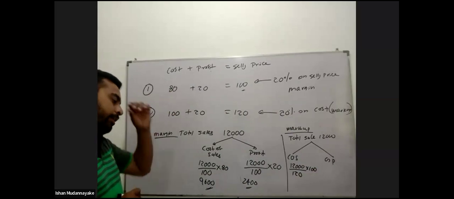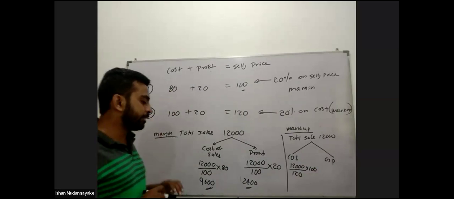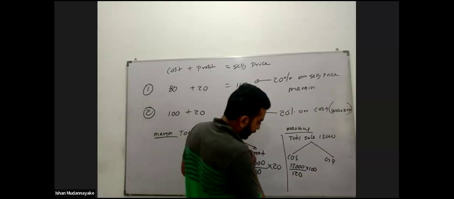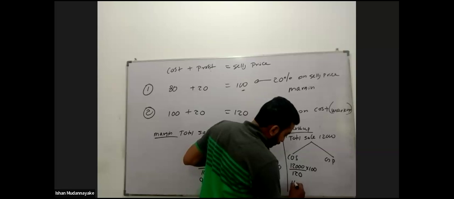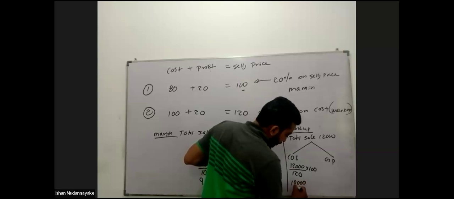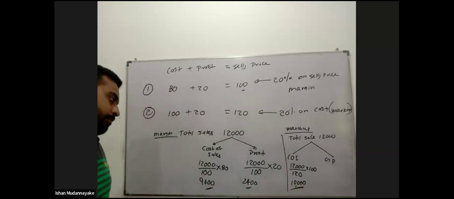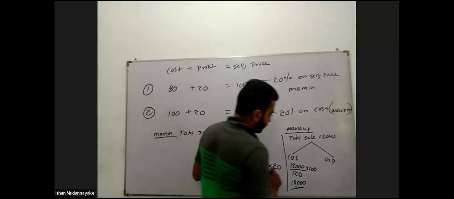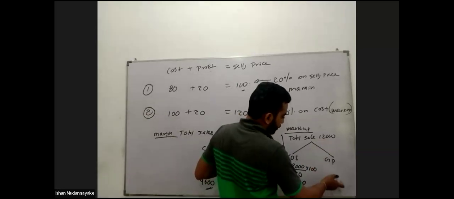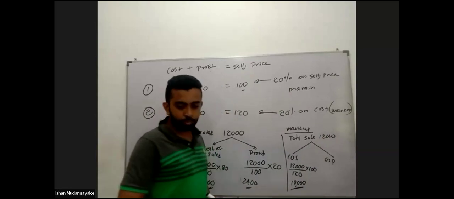Then what is the total cost of sales of the business organization? Total cost of sales is 10,000. How much is the gross profit? Gross profit is 12,000 minus 10,000, which is 2,000.